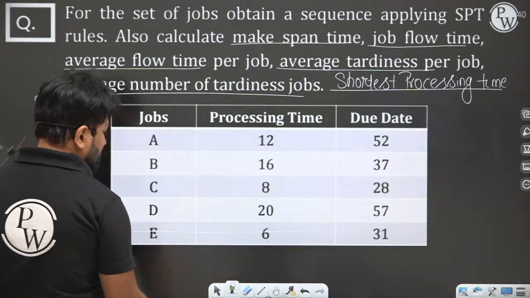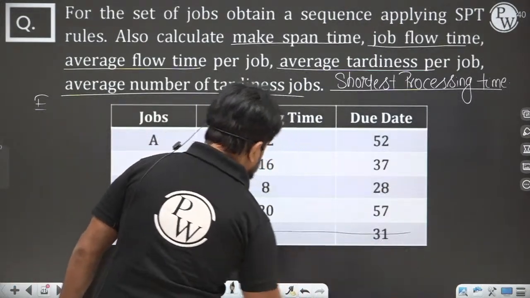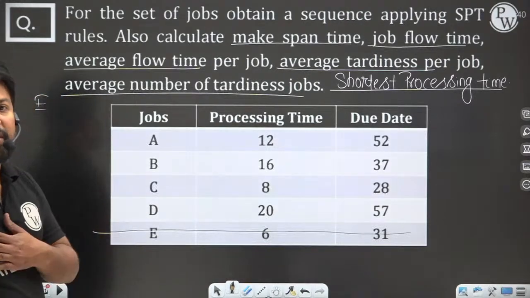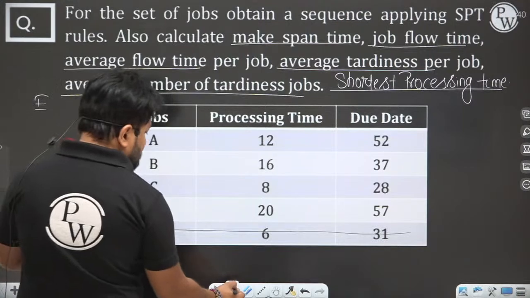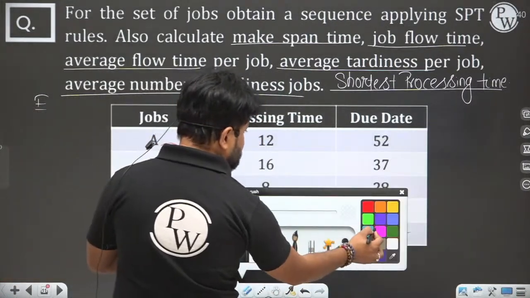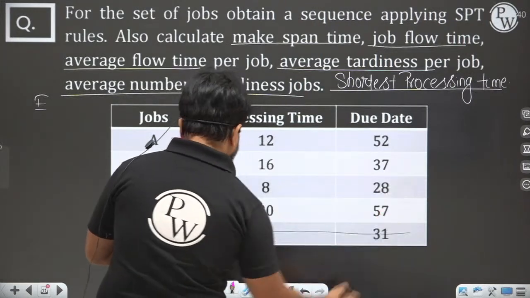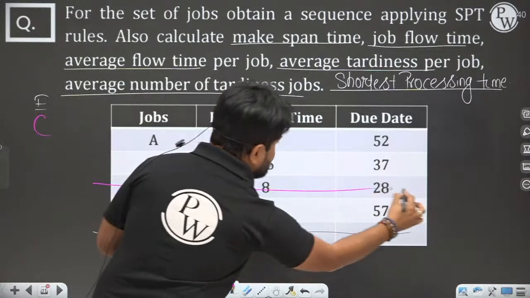Cut it down. Now after E, which job is there? C, that is 8. So cut it down, C.